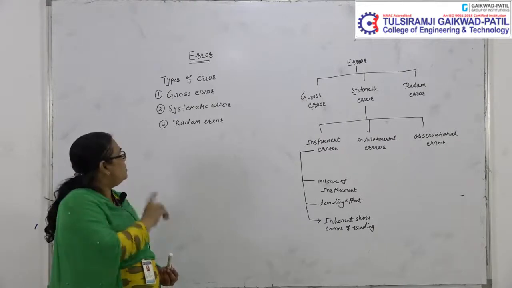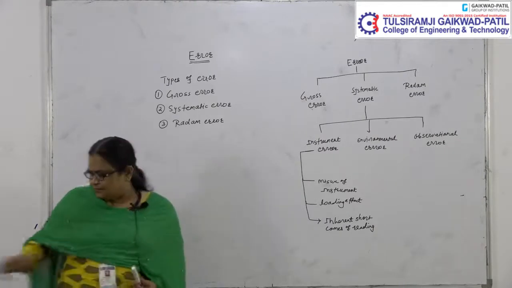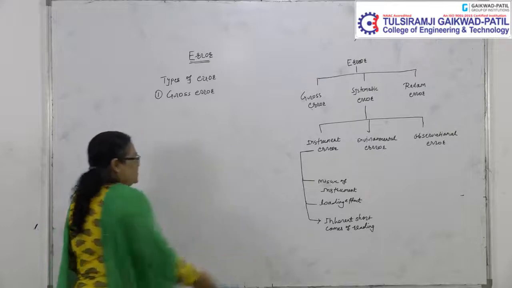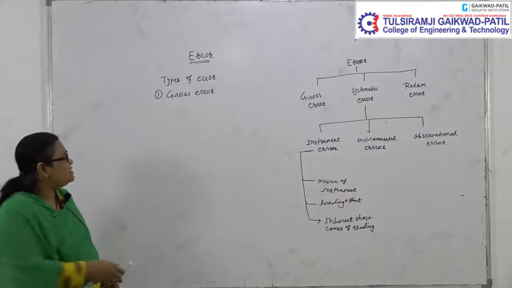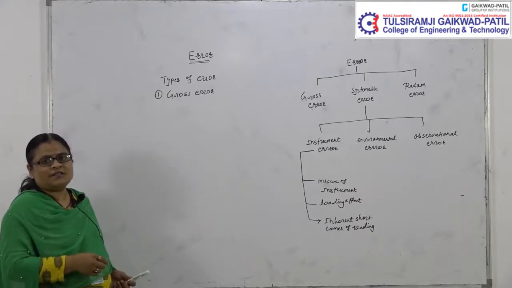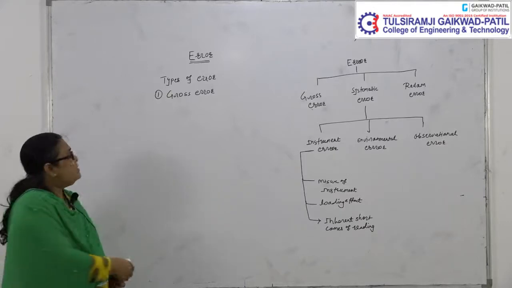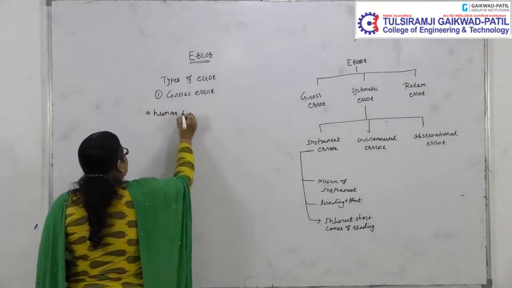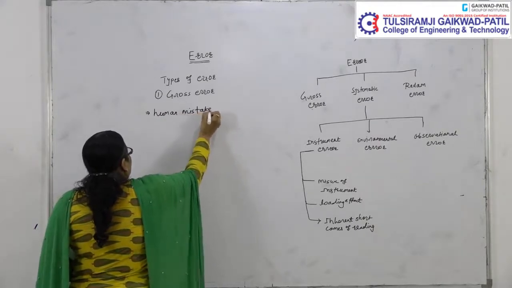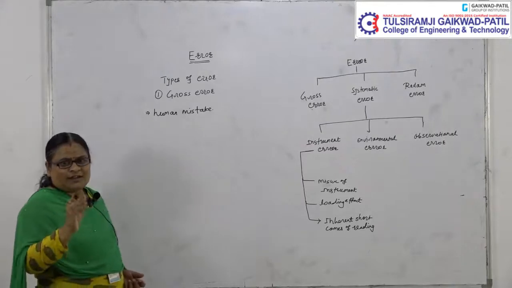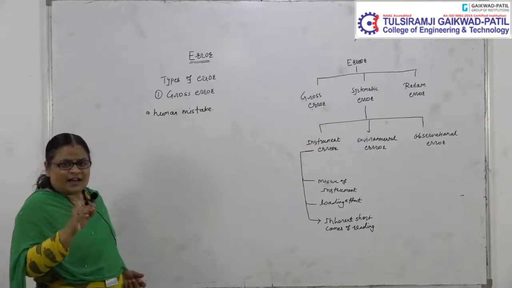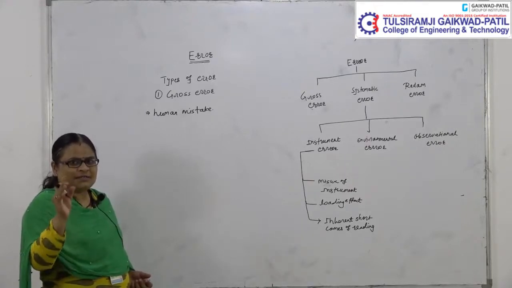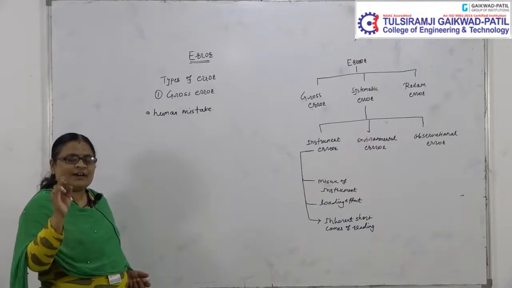Now, we concentrate on the gross error. What is meant by the gross error? Gross errors can occur with respect to human mistakes. For example, if any human takes a reading from a thermometer, that thermometer can give the reading in Fahrenheit or Celsius.